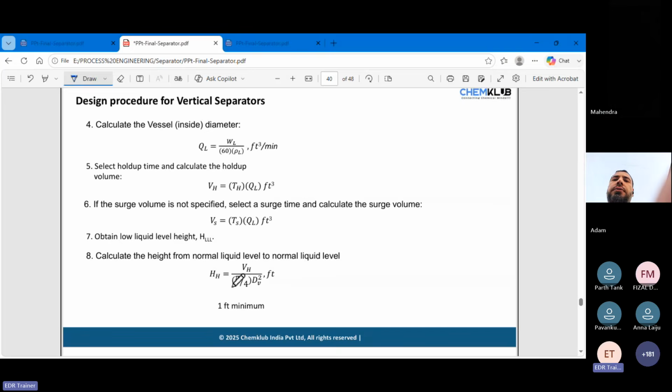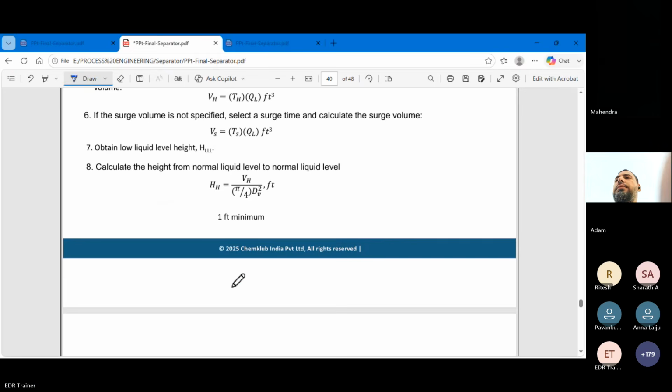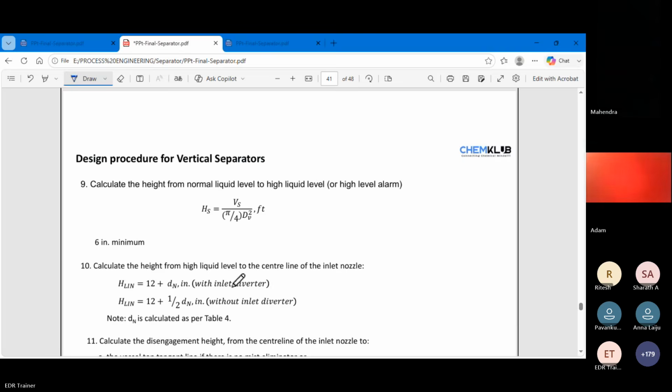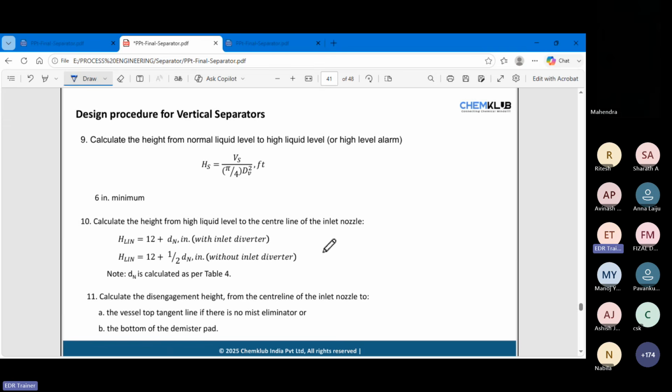Calculate the total height as above. Same for the nozzle sizes and nozzle diameters, as we have seen previously.